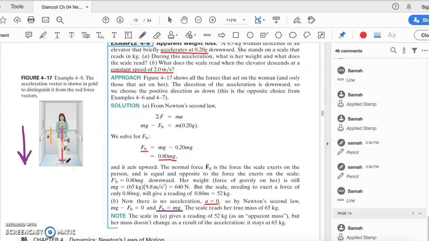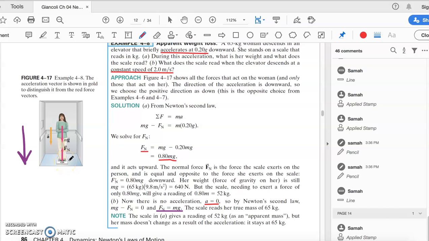For your information, if you see the reading on the scale while you are in a moving elevator, it will basically read the reaction force of the surface on the object, and this is what the scale will read.